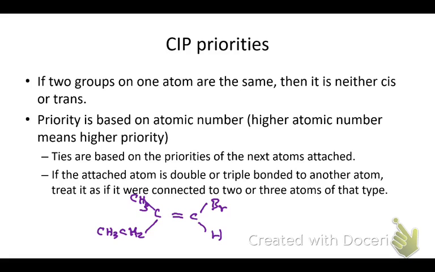So remember I said you base it on atomic numbers. Well, the right side's easy, right? The right side, the Br, is the high priority group. We assign a priority to it. Which one's higher priority on the left?